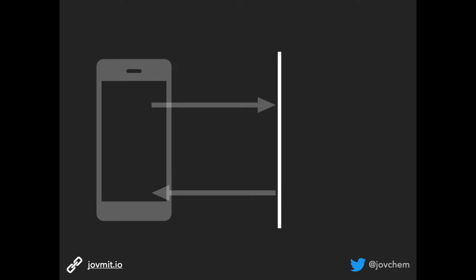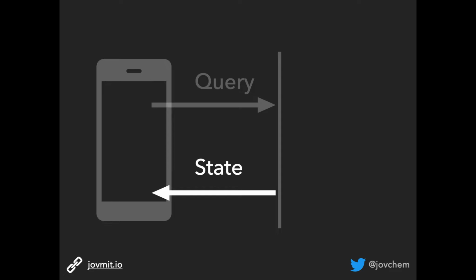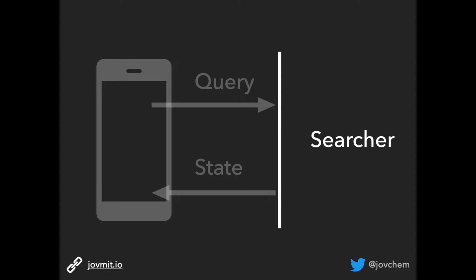So basically, we need that sort of boundary here, and we have identified that we are just going to send there a query, and now we have to think what that query is, and also how the states are going to look like so that we can render them. And here I came up with a name which is searcher. That's going to be the thing where the UI will send the events and receive states from.